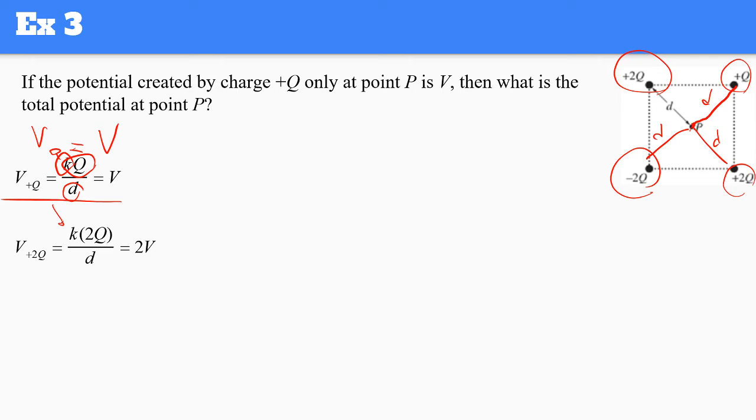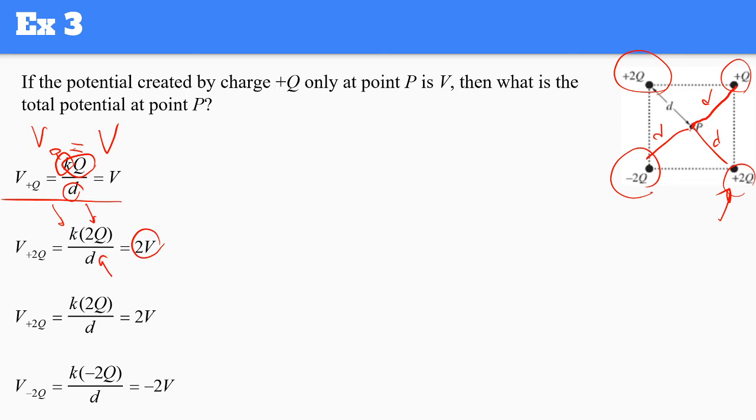Then we have k times 2Q divided by the same d, and it's just 2 times the first one that we found. If we look at the third charge over here, it's also 2Q times k divided by d, which is 2V.